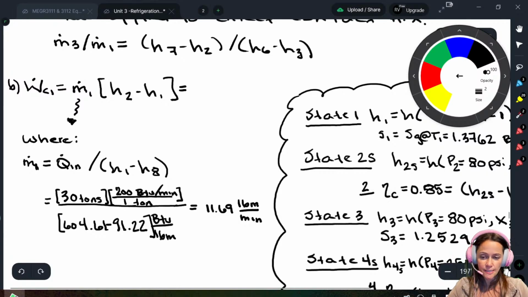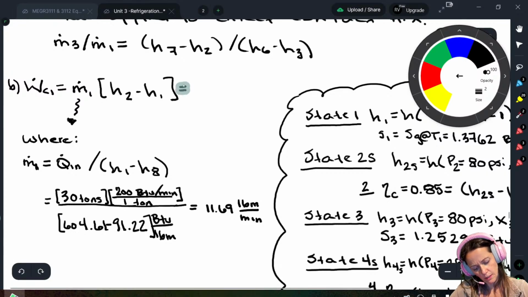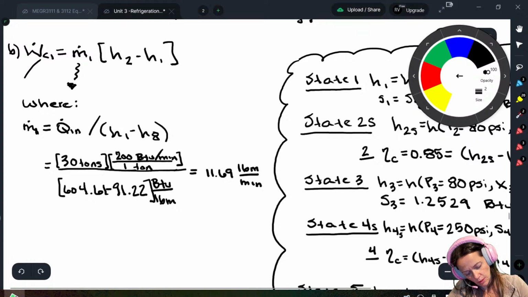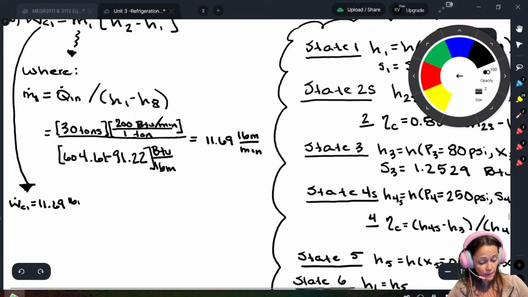When I plug things into my W dot C1 equation, actually let's do that down here because I have some unit conversions to worry about. My W dot C1 is equal to 11.69 pound mass per minute times H2 minus H1.